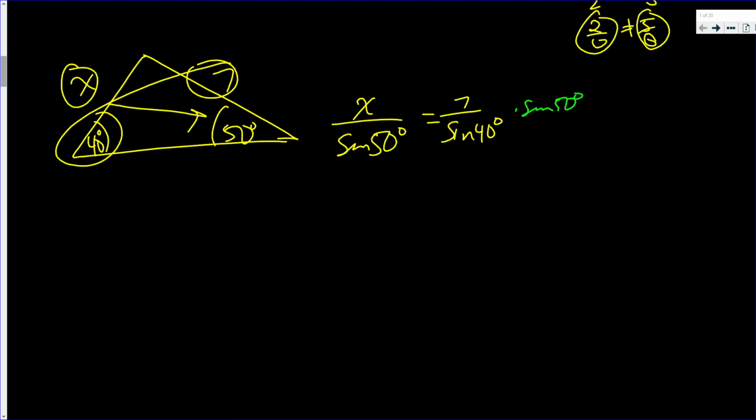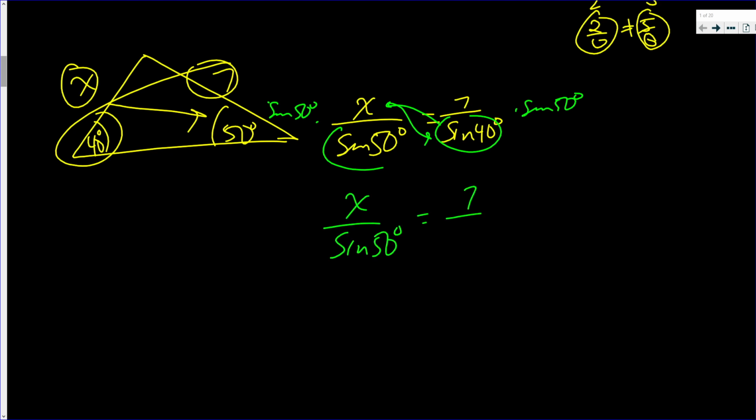I certainly would not cross multiply. There's no reason to bring this up to the numerator, only to bring it right back down. Call it half cross multiplication if you like. Just bring that up. And it's allowed to be done.